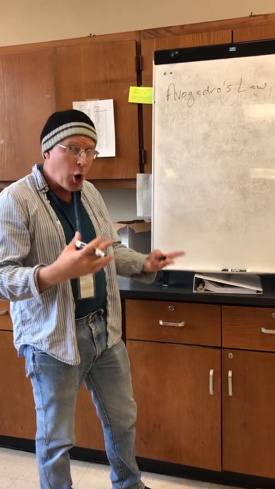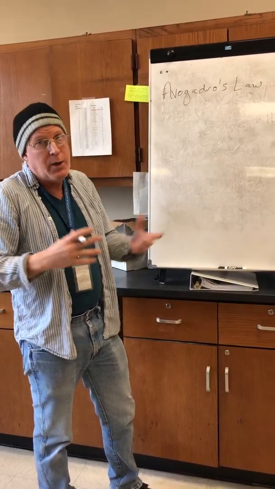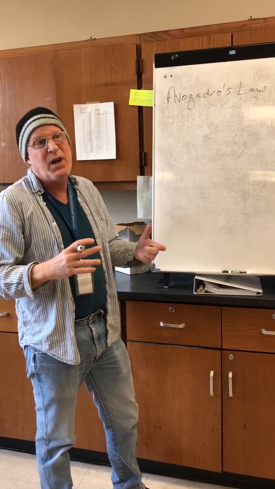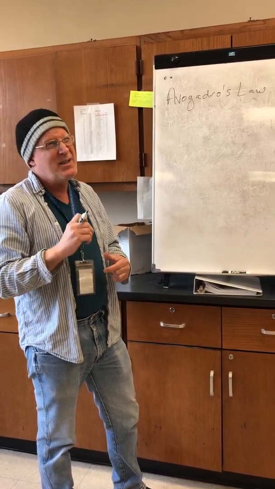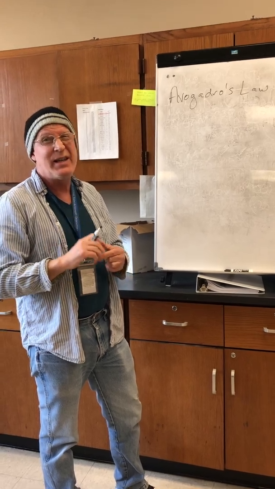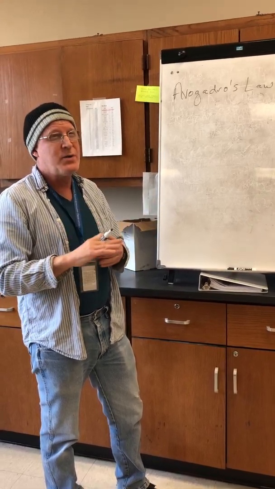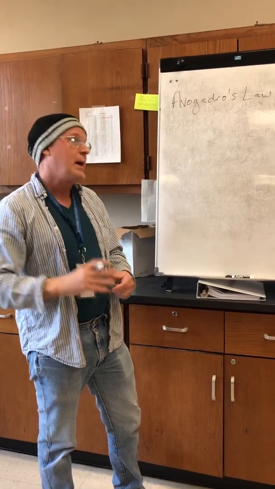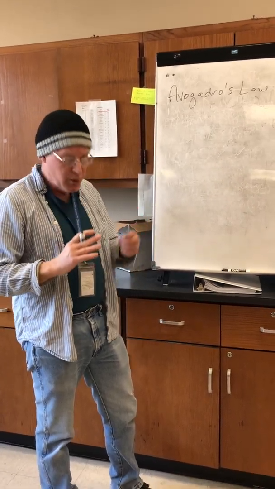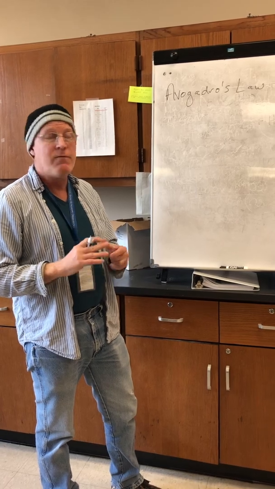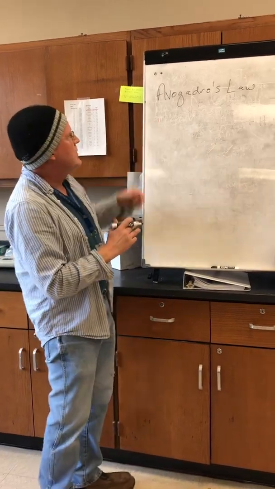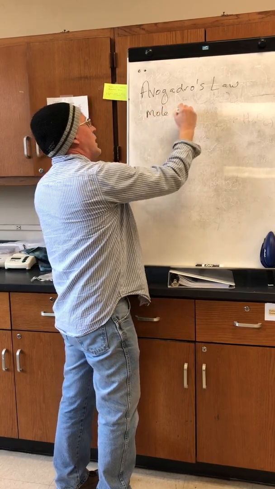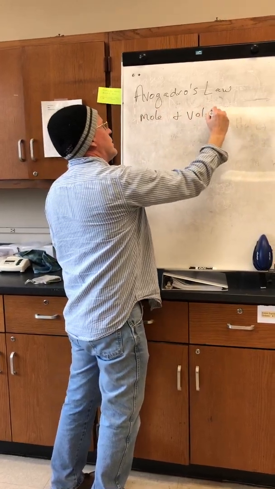That's how many particles of gas you would have if you had 1 mole, and that would occupy some specific volume. It doesn't depend upon the identity of the gas. All gases are going to behave the same way. If you have the same number of particles, it's supposed to have the same volume of gas. So his law was all about moles and volume.